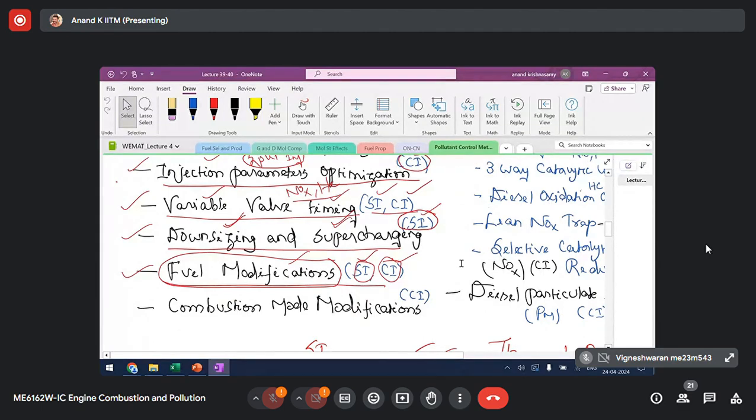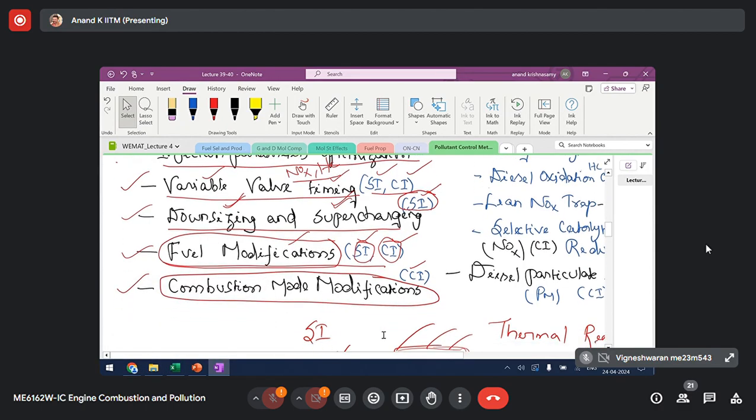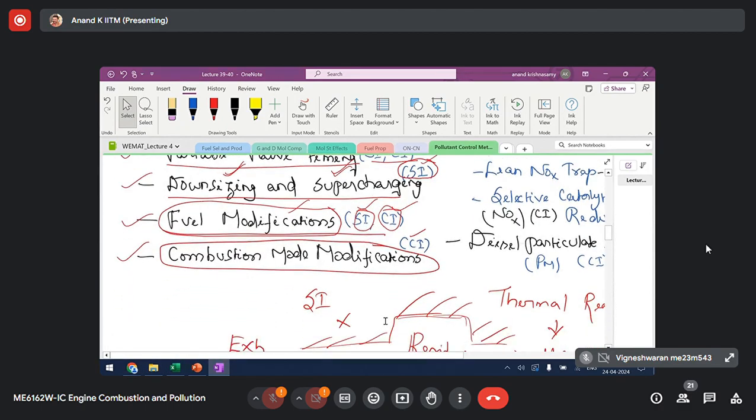Okay, so next we are going to discuss an important research aspect that is applicable for pollutant control for CI engine, which is called combustion mode modification. So this is the area where our research group is currently working on. So I will briefly talk about this combustion mode modification, which is applicable for CI or diesel engine.